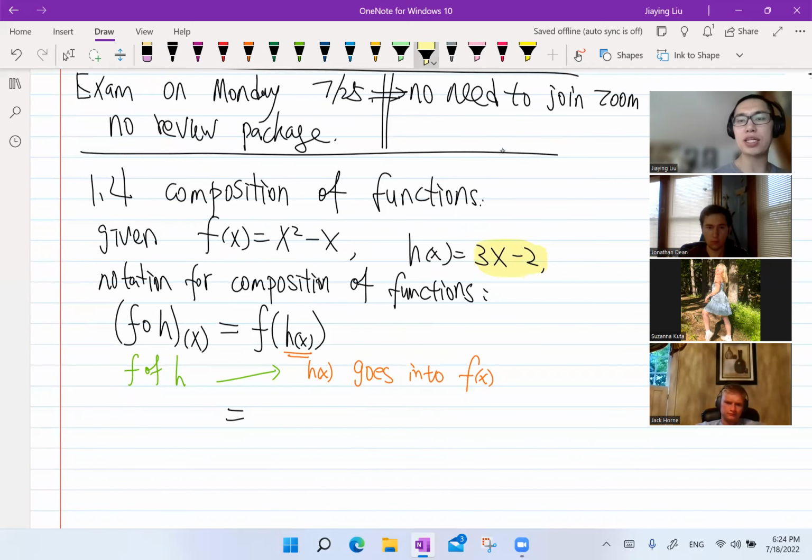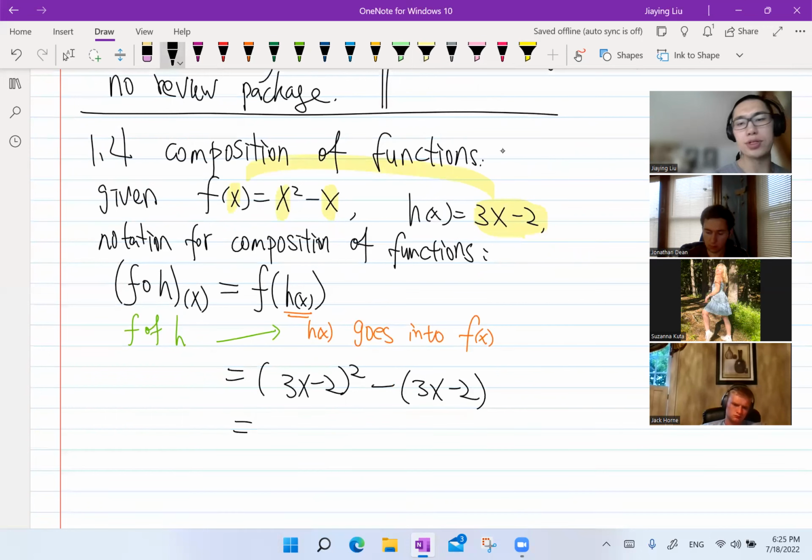And we're going to take 3x minus 2 and put it into this f of x by replacing all the x's in there. So there's the x in the x squared, there's the x being subtracted. So the x squared becomes 3x minus 2 squared. We literally replace the x with 3x minus 2. And then minus the x, the second x becomes minus 3x minus 2.